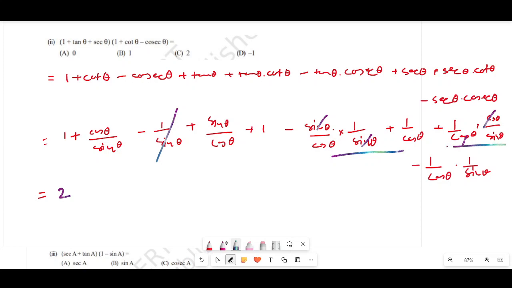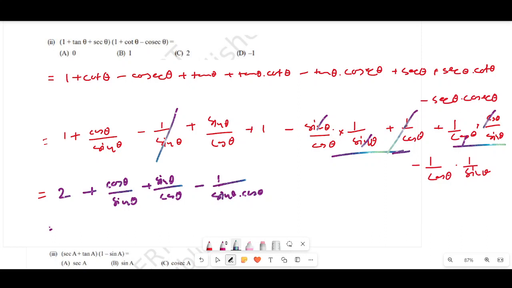Clear from this? Now here sin theta and cos theta are remaining, and 2 remaining, and now here this will be cancelled out from this. Clear? Now 2 plus cos theta upon sin theta, and plus sin theta upon cos theta, and minus sin theta into cos theta.